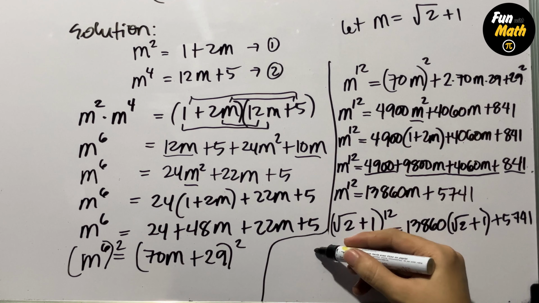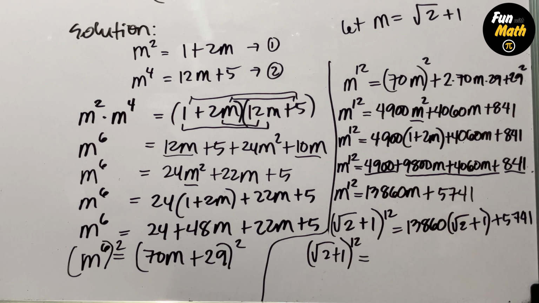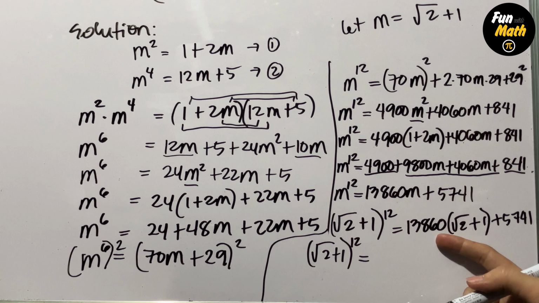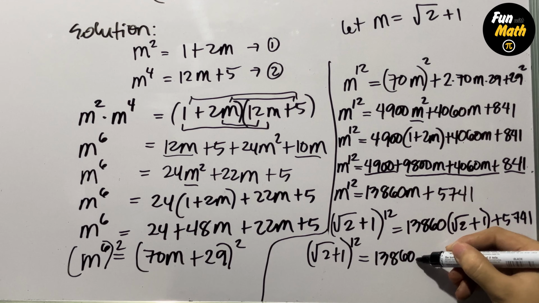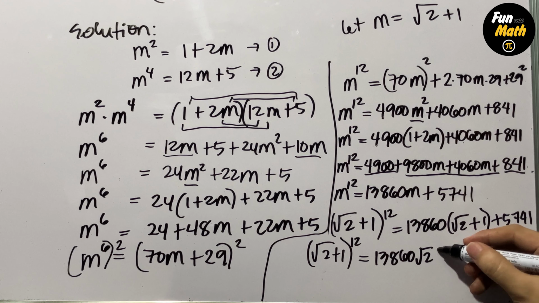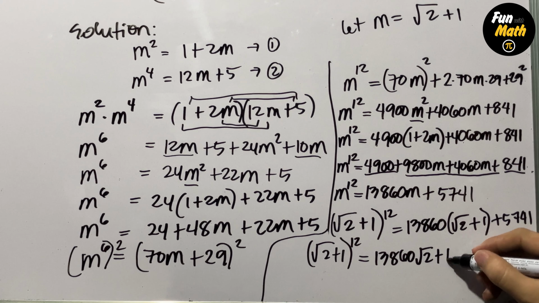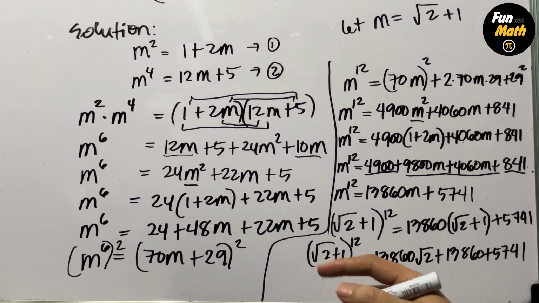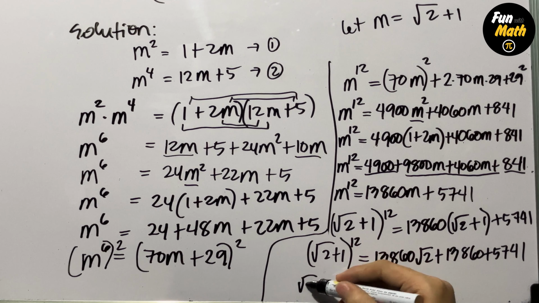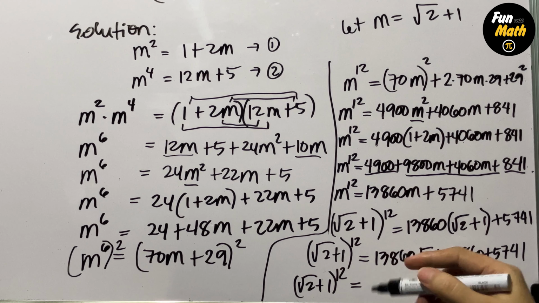So this is square root of 2 plus 1 whole to the power of 12 equals 13,860 times square root of 2, that is 13,860 square root of 2, plus 13,860 times 1, that is 13,860, plus this 5,741.